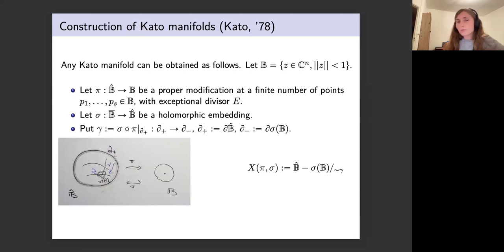Yeah, so you see that in the Hopf manifold from before, this is precisely what happened, except you had no exceptional divisor. The π, the modification, was just the identity, and all you did was to just pick one chart in the ball, which was given by this contraction F. And so from any such data, so a modification and an embedding, you construct a manifold which is a Kato manifold, and we usually call this a Kato lattice.